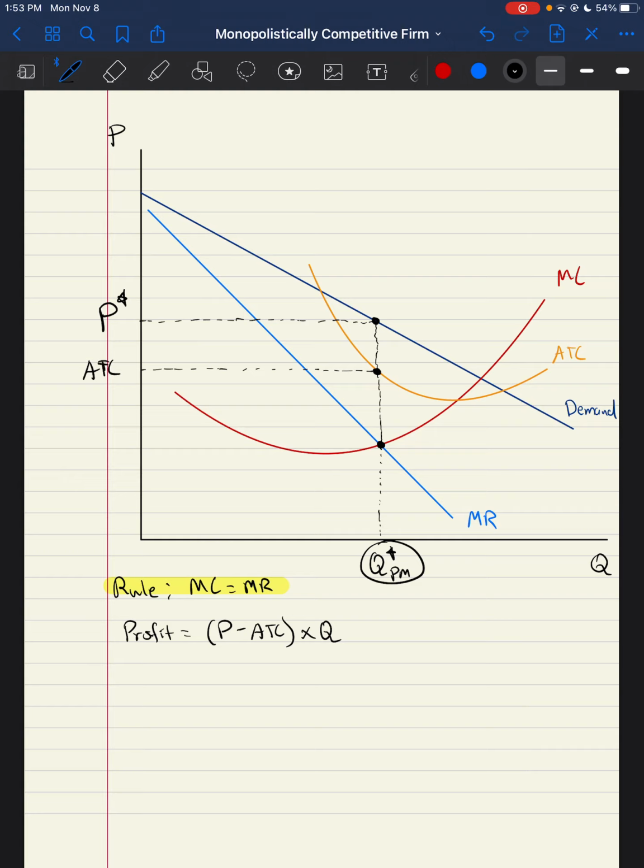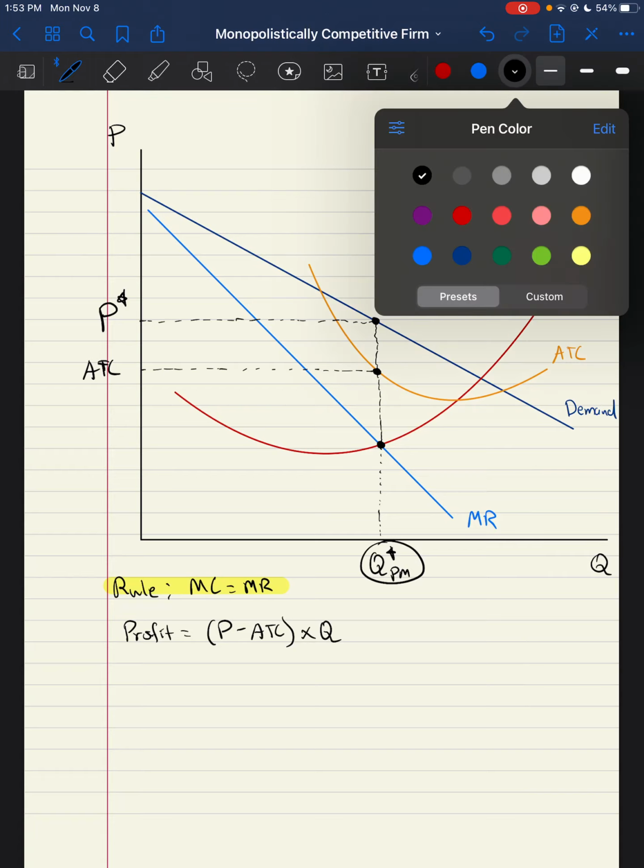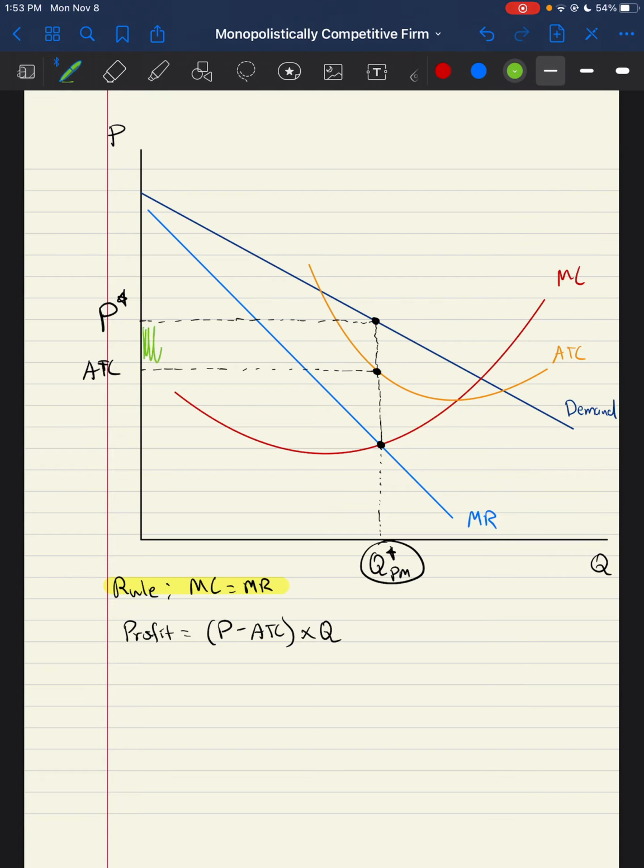Very simply, we have now figured out the area that we're looking for, and this area, let's shade it in green, is going to give us our profit. Not just our profit, but remember, our maximum profit achievable. So here we now have our max profit.